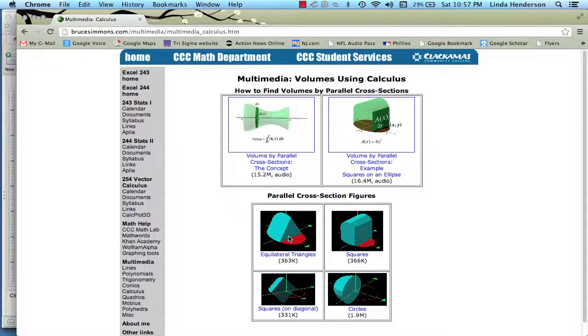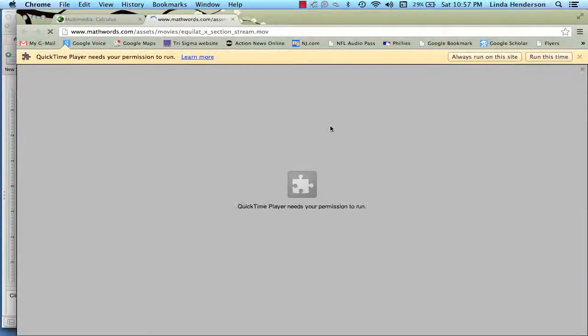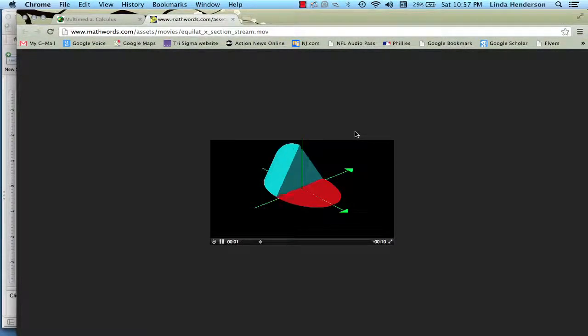All right, so there's four, probably just these three we'll take a look at. So let's start with one. You can see it animated. It will run again. And that's what the figure looks like in the end. Notice how each of those cross sections are equilateral triangles.